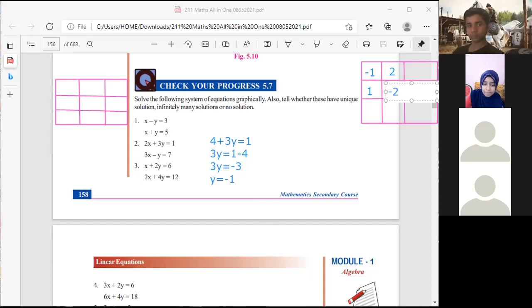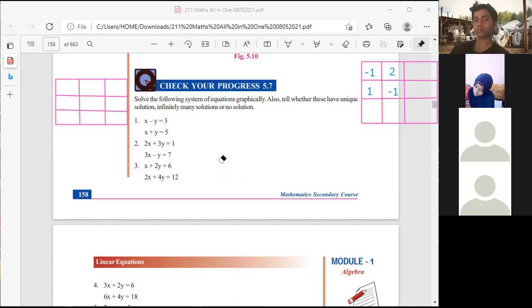So I got a coordinate 2 and minus 1. Now I will try with 3. 2 3s will be 6. If 6 goes there, then 5. No, it will not work. 2 4s are 8. 8 minus 1 will also not work. So we can keep these two as points for a line. Because we are not getting the third one, we can do it with 2.